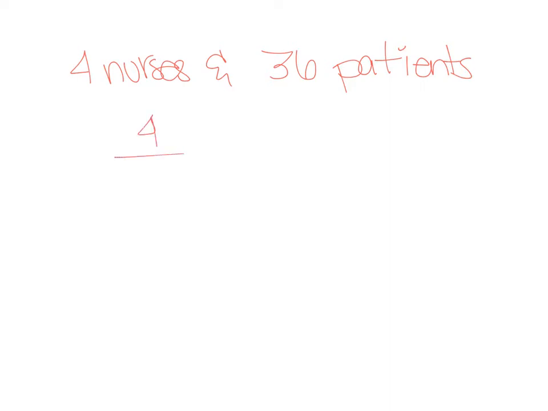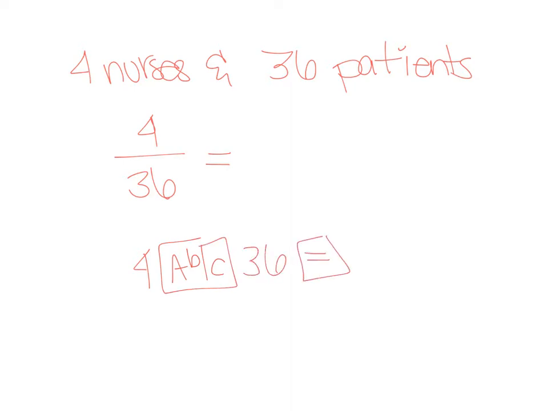So we're going to do 4 over 36, and of course always simplify. On your TI-30X IIS calculator, it will simplify for you if you type in 4, the ABC key, 36, equals, and you will get 1/9.